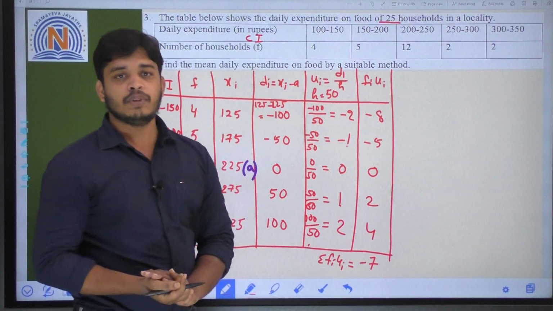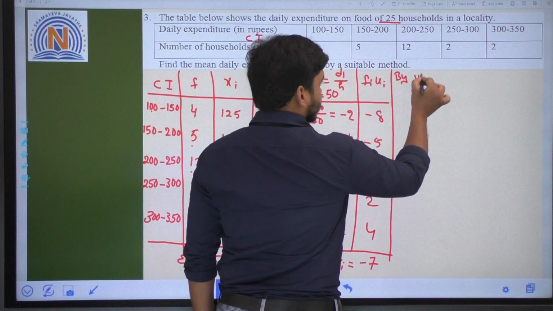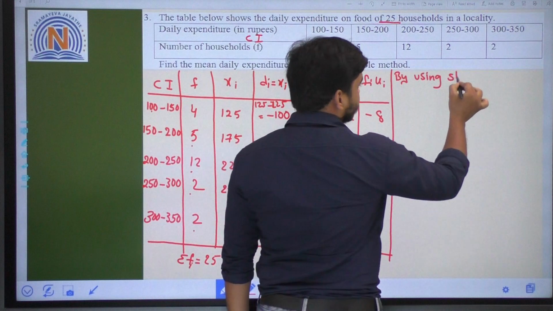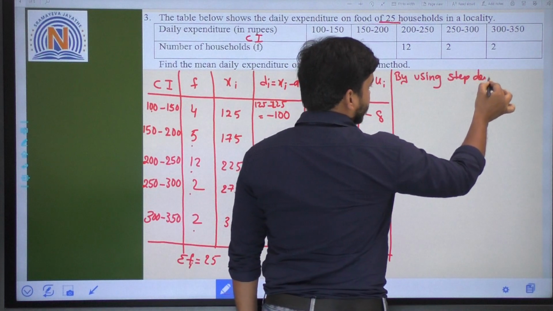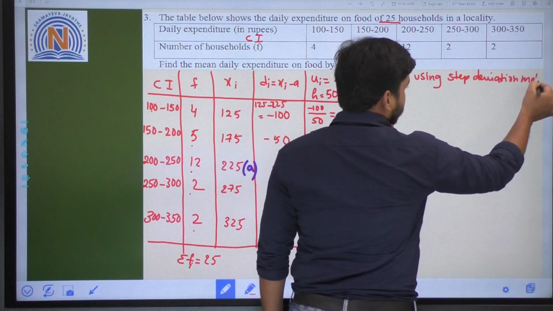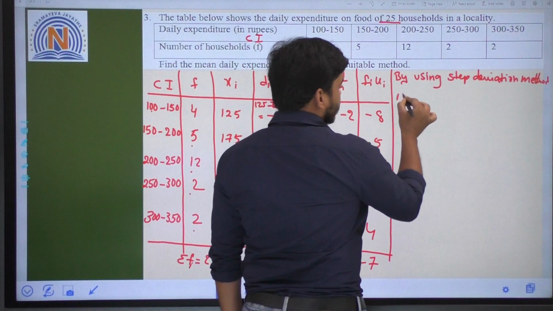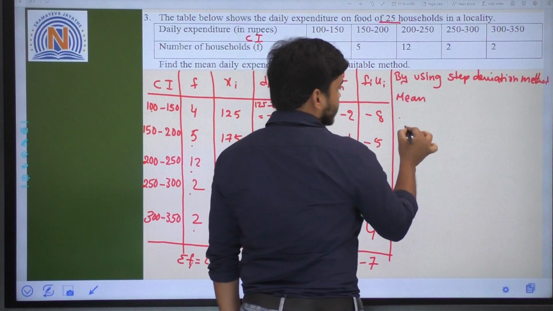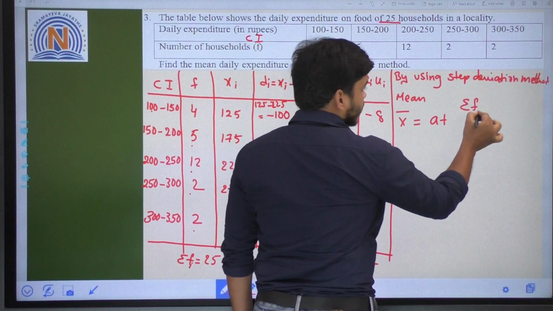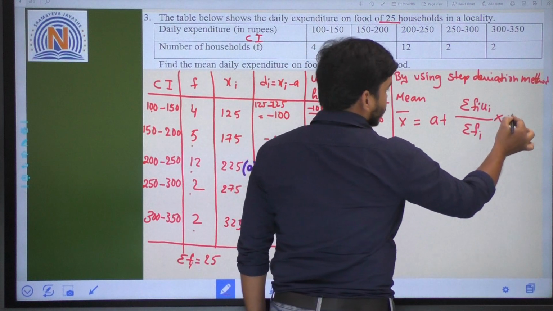Now by using the step deviation method, the mean x bar is equal to a plus sigma fi ui by sigma fi, into h.